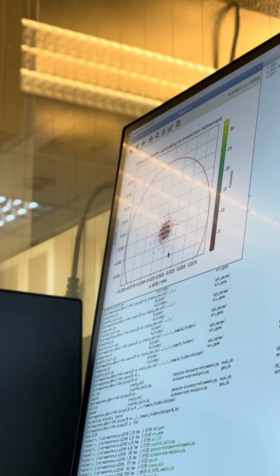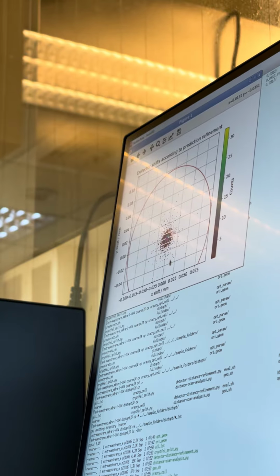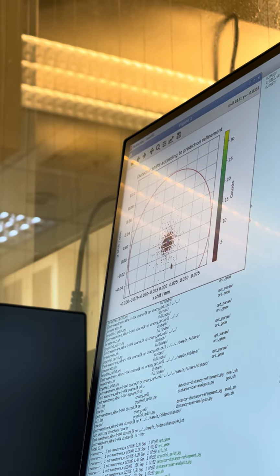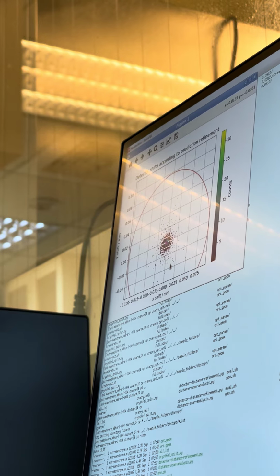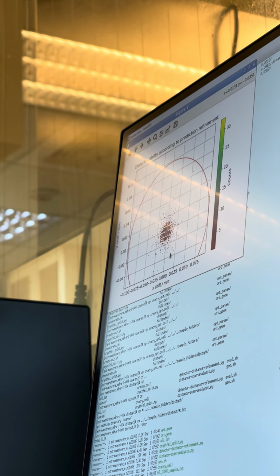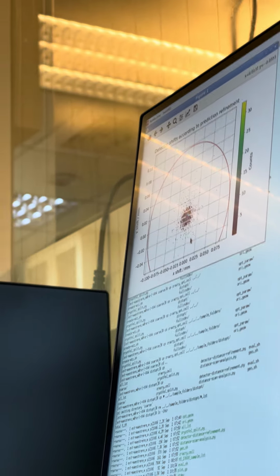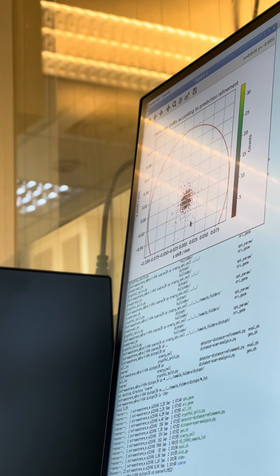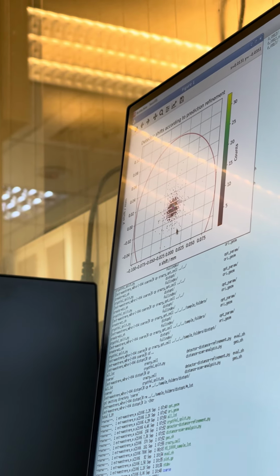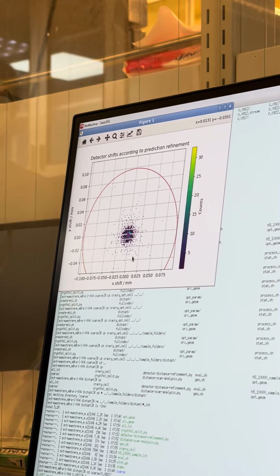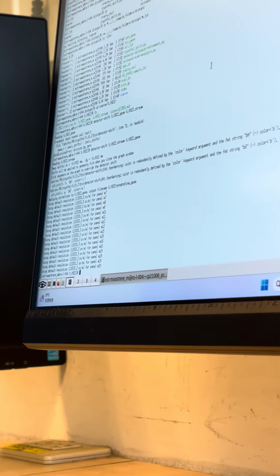That's the whole point of the resolution of a detector: if two things are closer together than 1 pixel, they will appear on the same pixel, and therefore you cannot tell the difference between the two. So if the theoretical center and the real center appear within 1 pixel of each other, that means that we have refined the XY position to the best position, which means that this is now our original geometry.